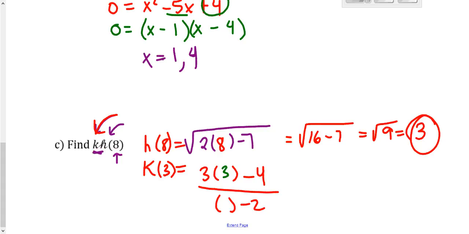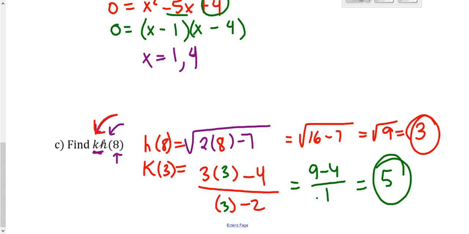Plugging in 3: 3 times 3 is 9 minus 4 over 3 minus 2 is 1. 9 minus 4 is 5, divided by 1 is 5. So our final answer is 5. And that's it for this problem.